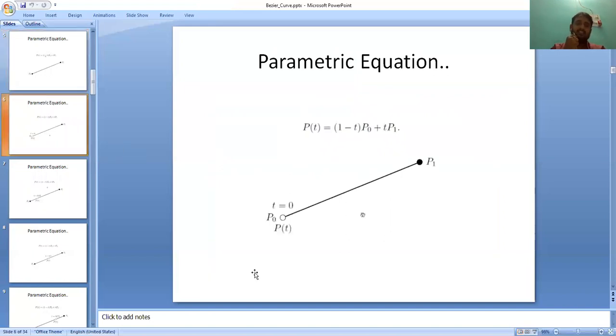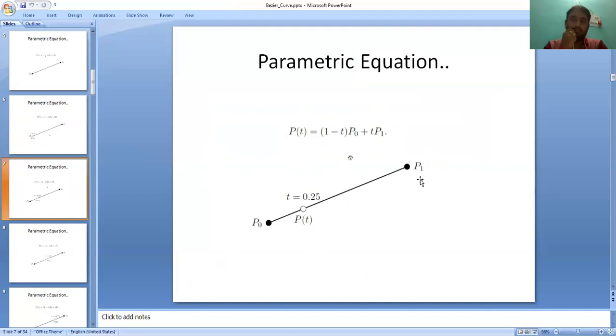And this instance is showing how when t is equal to 0, P(t) will be P0. Now in this scenario, when t is equal to 0.25, obviously this point is nearer to P0. So the contribution of P0 in determining the value of x at t equal to 0.25 will be more as compared to P1.